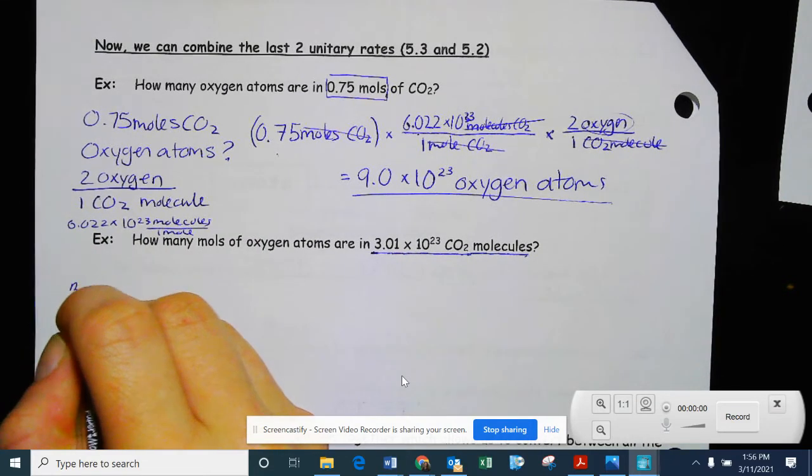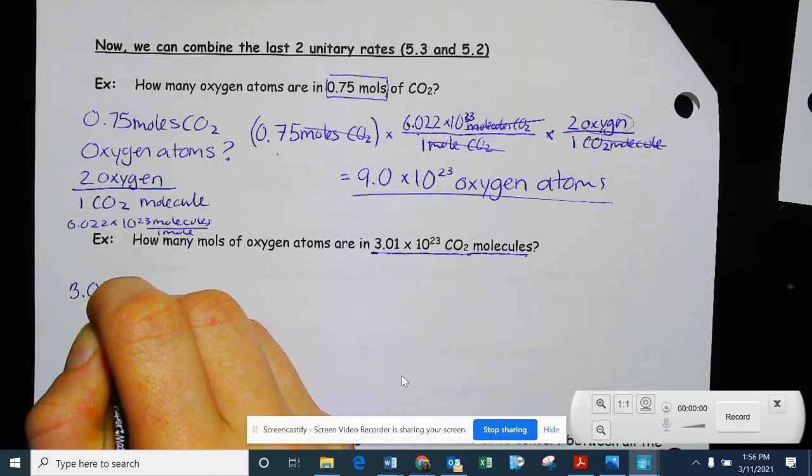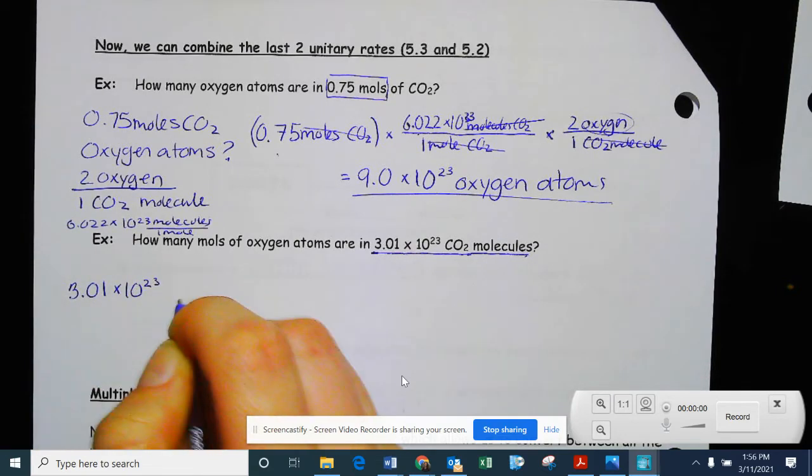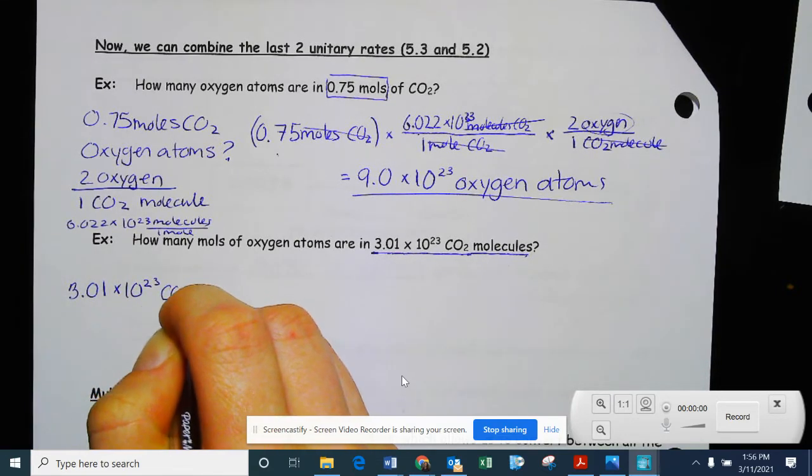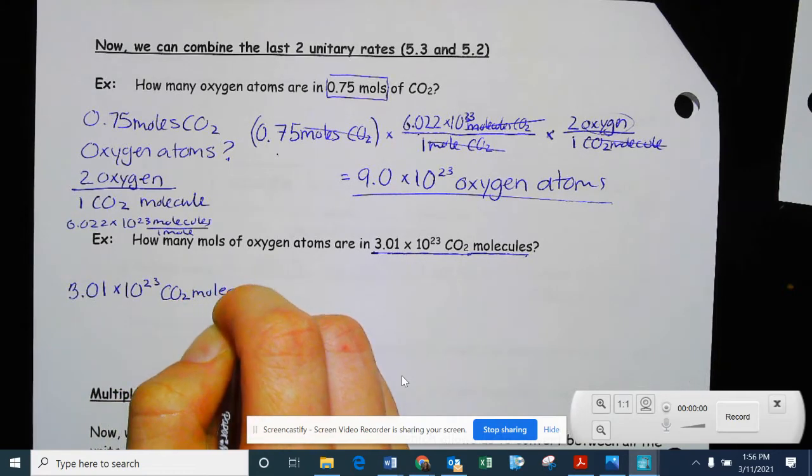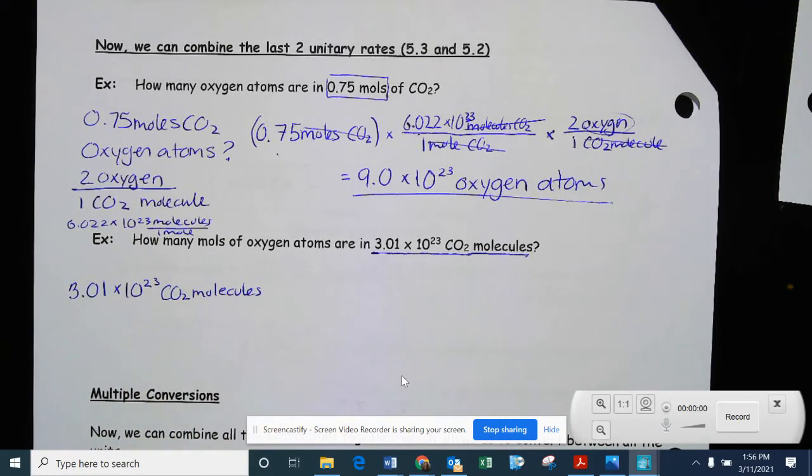Okay, so I'm just going to start writing this out. 3.01 times 10 to the 23 CO2 molecules. All right, what is the first thing? What's the first unitary rate that people multiplied this by in order to get towards the answer?